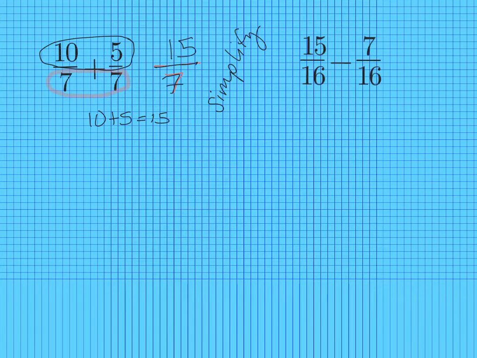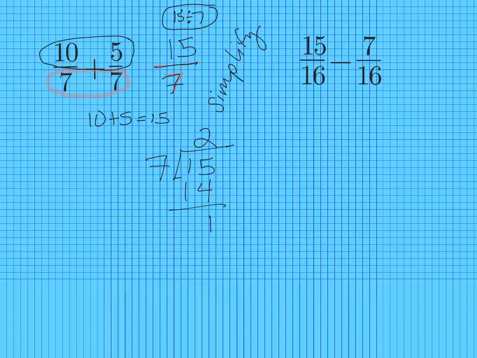So we're going to ask ourselves the same question. How many times does 7 fit inside of 15? And if you want to write it out, basically what you're doing is saying 7 goes into 15. The other way to think about this is 15 divided by 7. And I'm going to leave that up there because those two things are synonymous. Okay, well, 7 goes into 15 2 times, which is 14.